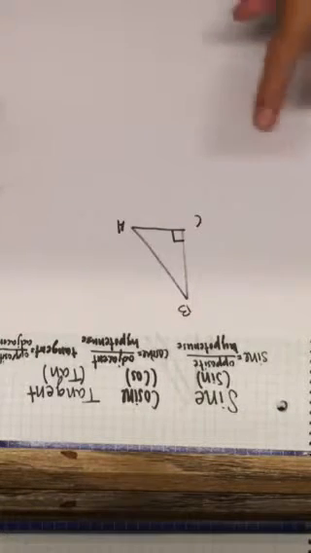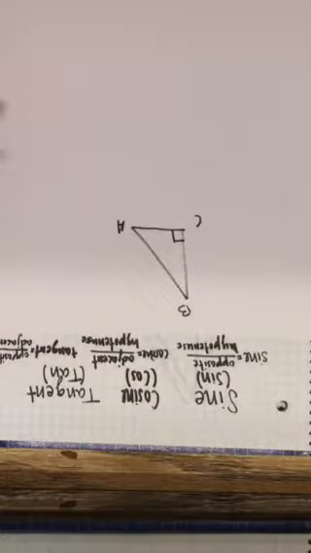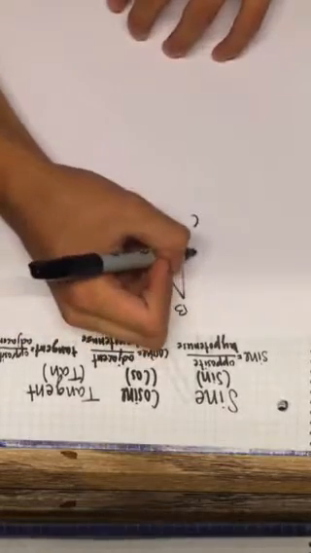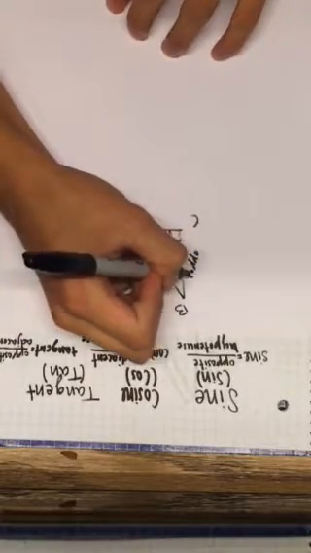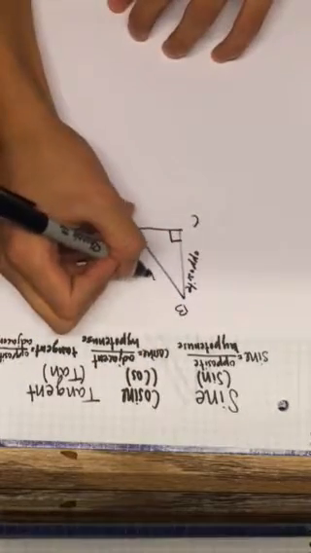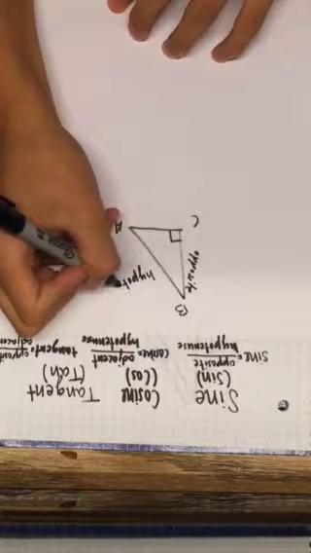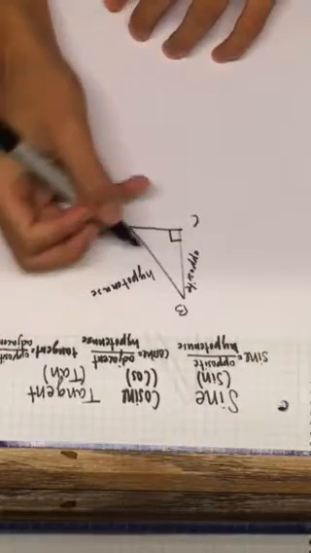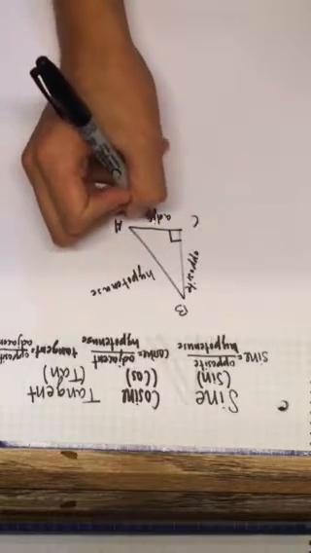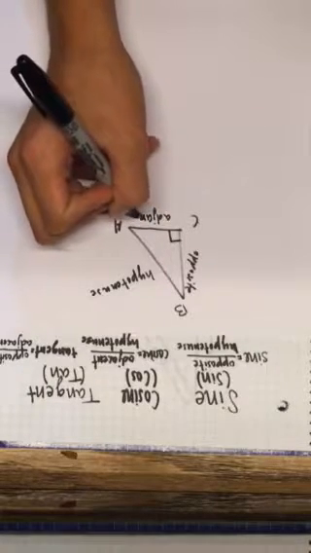So let's say we want to solve for A. We would put the opposite side of A over the hypotenuse, and the hypotenuse will always be across from the 90-degree angle, and the side next to our angle will be the adjacent side.